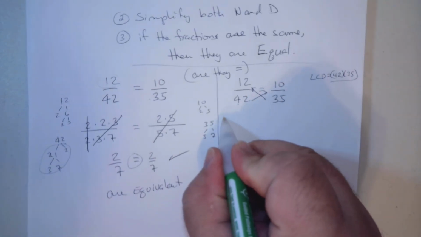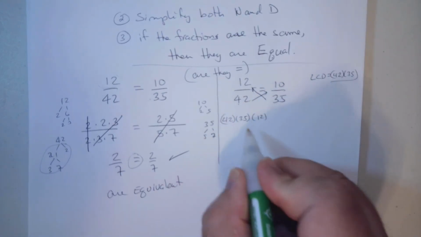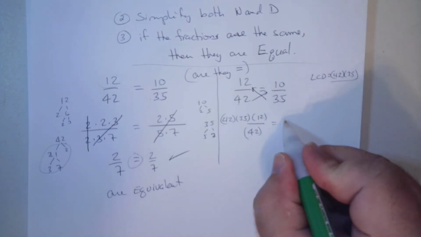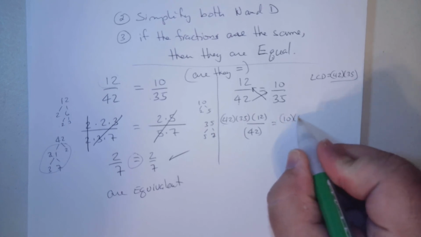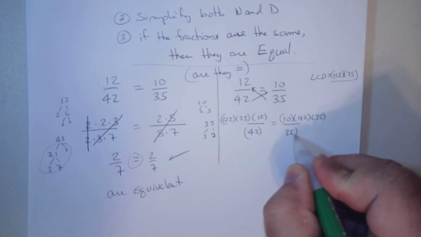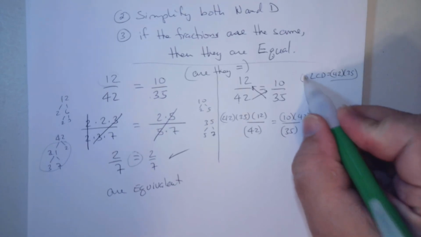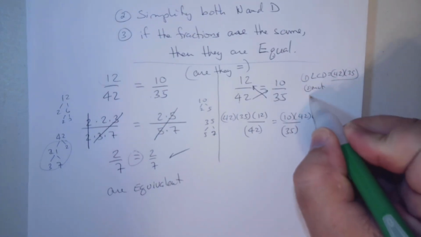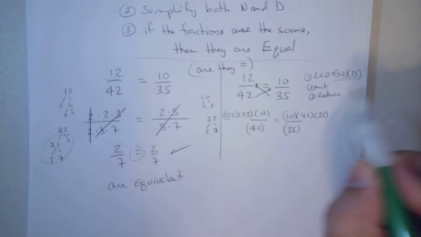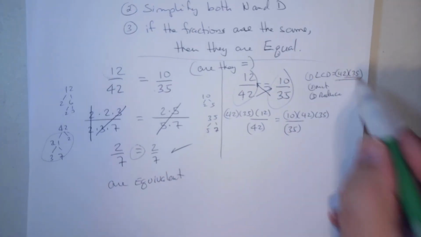So multiply the left side by 42 times 35 and the right side by 42 times 35. Once you multiply, reduce. So find the LCD, check. Multiply each term, this term and that term, by the LCD. That's what I just did.